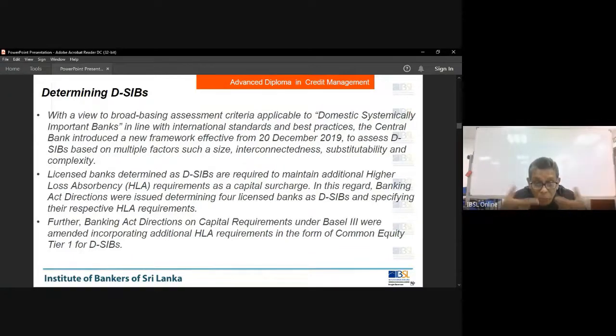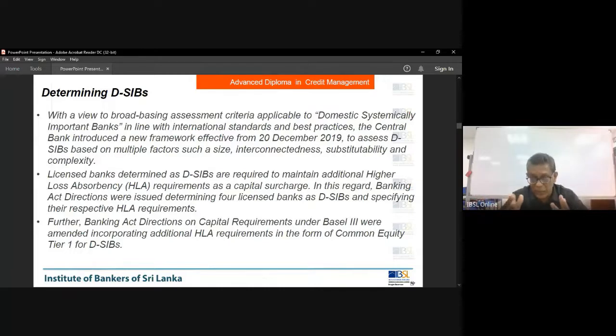They add some more requirement to the capital adequacy. Banking directions on capital requirements under Basel III were therefore amended to incorporate the additional HLA requirement in the form of common equity Tier 1 CET1.